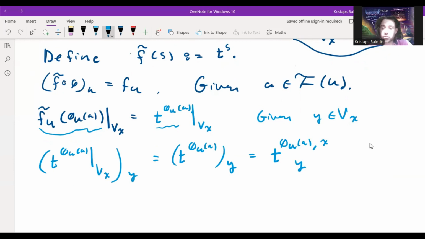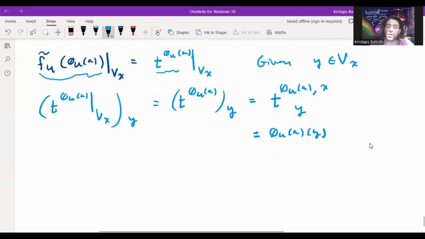And by construction, the stalk of this thing, we said, had to be equal to the value of this function at Y, right?